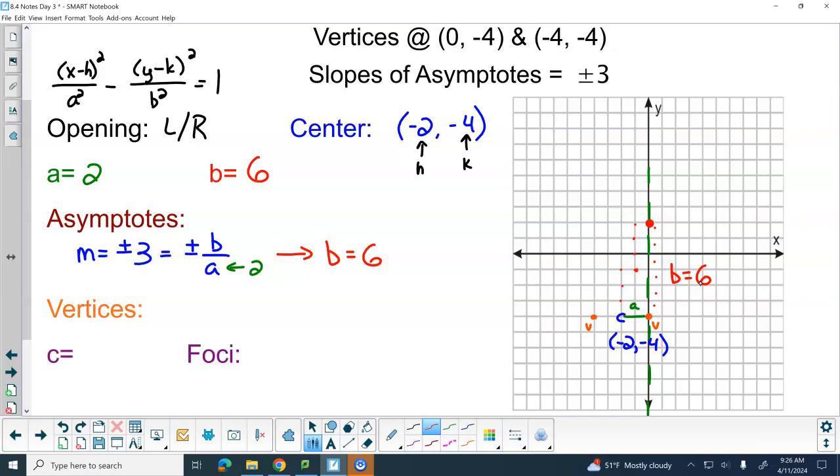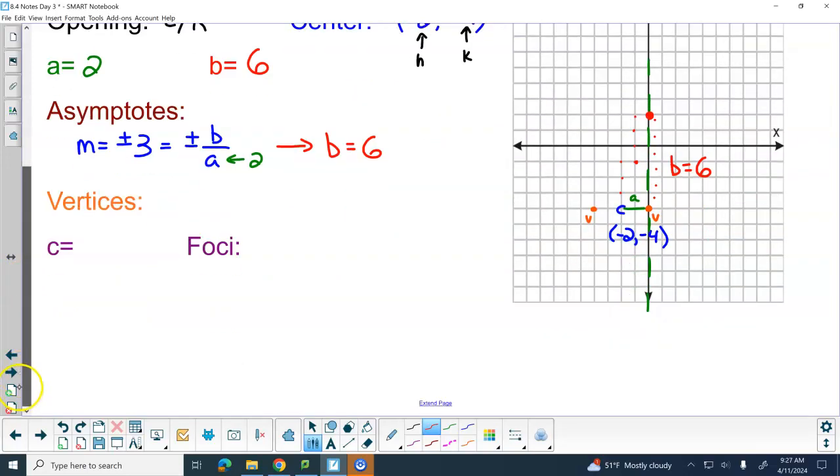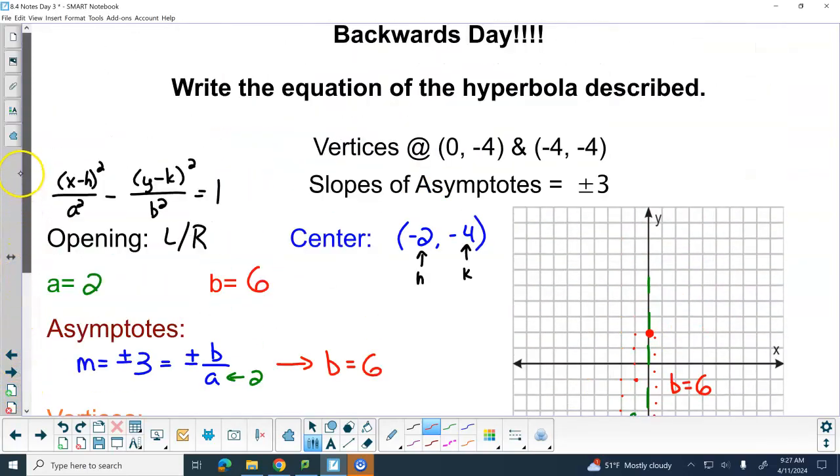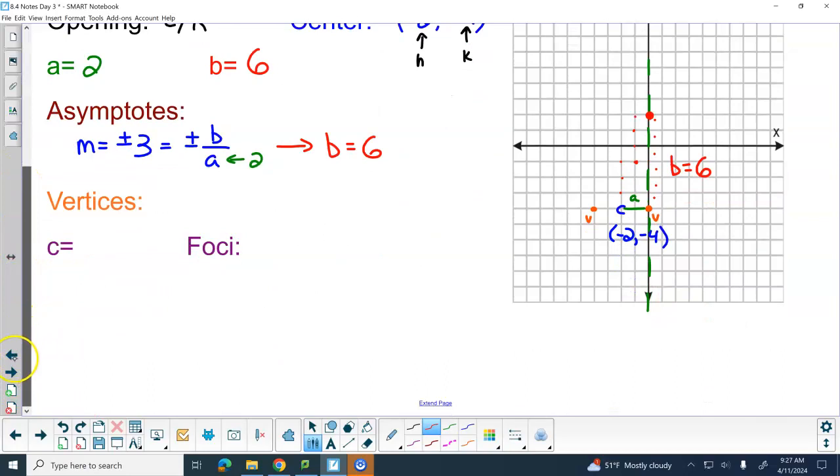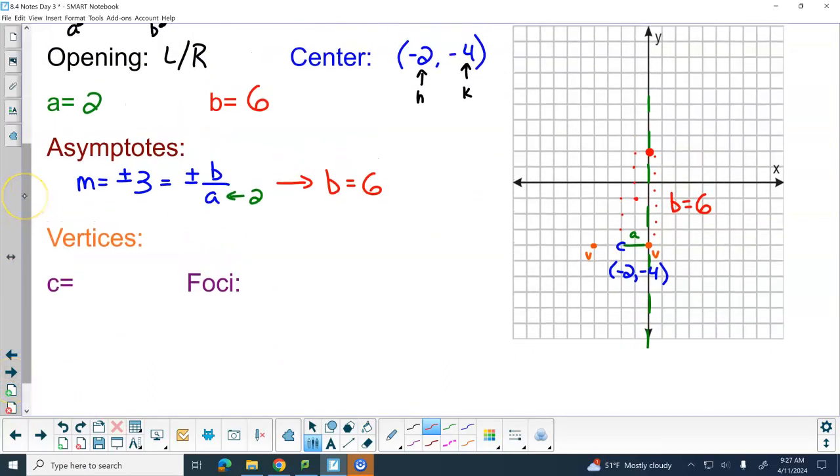That is all that we have to find, because I don't think it goes on to say find anything else. Nope, it just said write the equation of the hyperbola described. Well, we've got our h, we got our k, we got our a, we got our b.